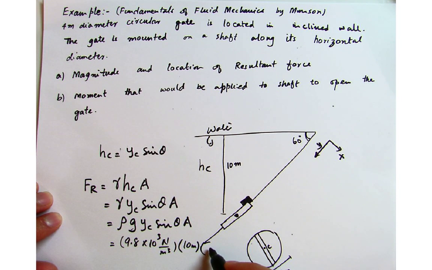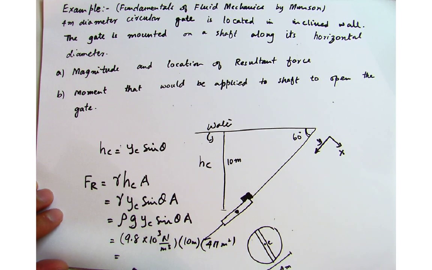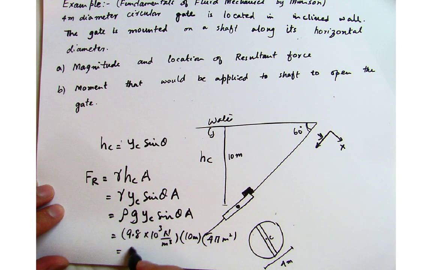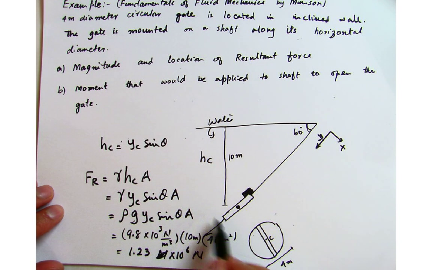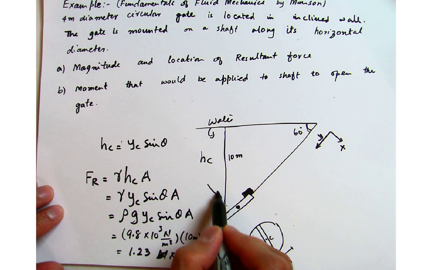So basically that is 4 pi meters square. So when I multiply all of these together, it gives me 1.23 mega Newtons, or 1.23 times 10 raised to power 6 Newtons. Okay, so that much force will be exerted in this direction.